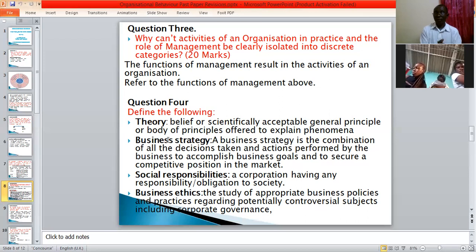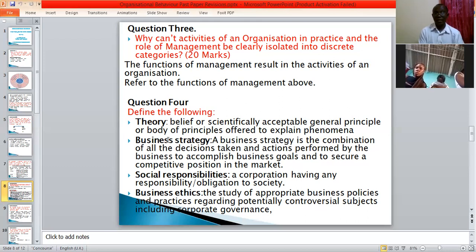The way you handle issues in one organization may not be the way you handle the same issue in another organization, depending on the set of principles set up by that organization to govern or guide certain activities or phenomena.